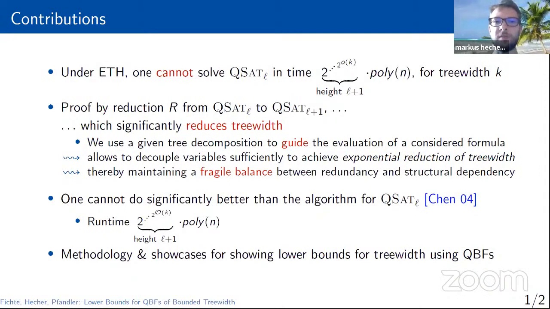We're in the process of doing this. I would say it depends whether we want to keep this technique a bit more general, or whether we want to have a look at special cases. But at the moment, I cannot say much about these non-uniform cases. Okay, looking forward to it.